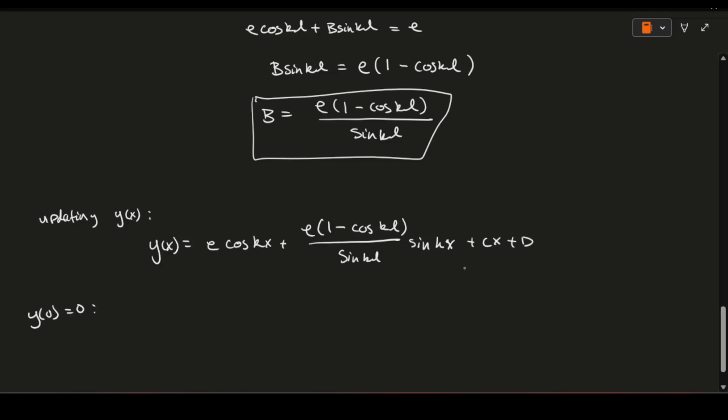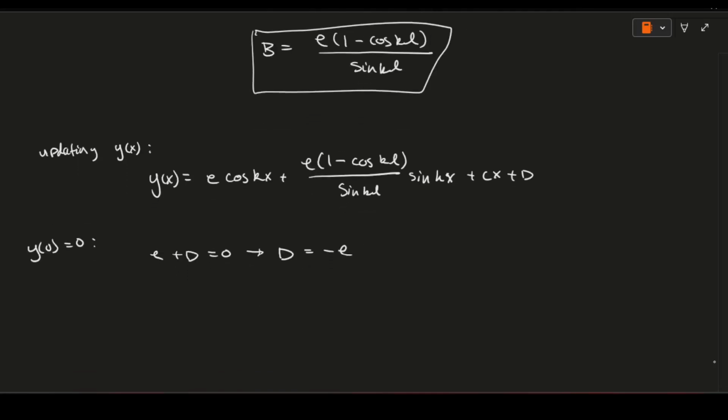Then we see that everything goes away except for E plus D. So E plus D equals 0, so D has to be equal to minus E. Again, we can update y of x.